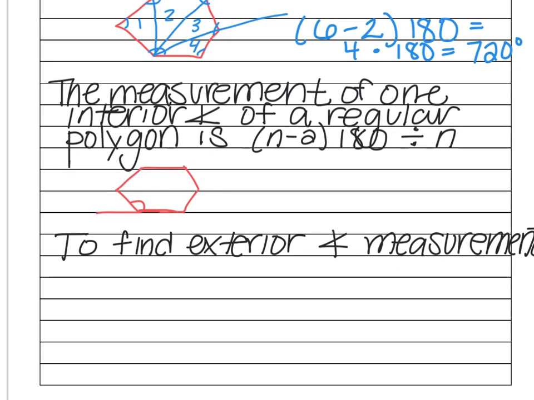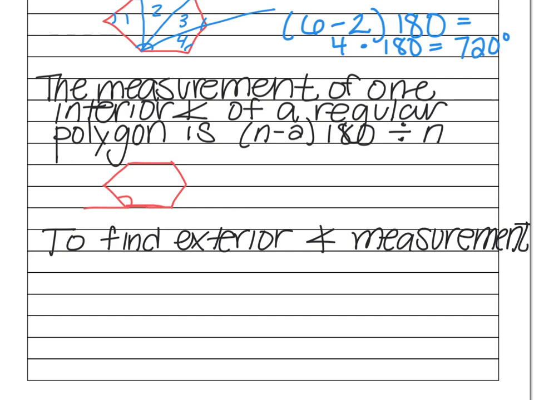The measure of one interior angle of a regular polygon is n minus 2 times 180 divided by n. So what if I just wanted to know what one of these angle measurements is? We know that all of them add up to 720 because we already did the math. But for the sake of plugging it into the formula again, we would do 6 minus 2 times 180, which is 720.